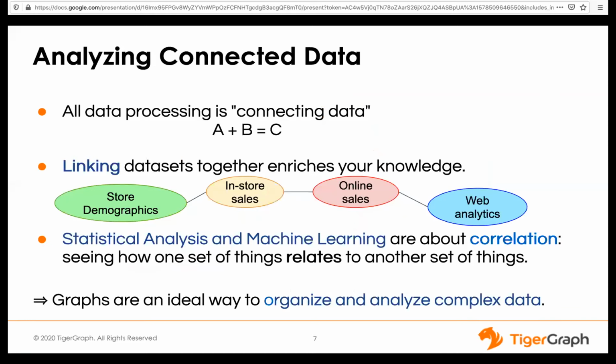So next, realize that when you're doing that data processing or data analytics, you are actually connecting data in some way. So all data processing is connecting data. The simple A plus B, that addition is a type of connection. Now it depends on how your data is stored, how you actually perform that.